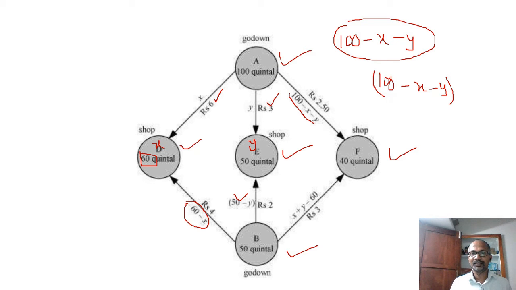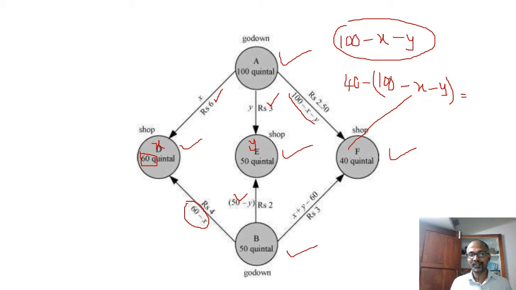F needs 40. If you subtract the quintals that came from A, you will get the grains to be transported from B to F. 40 minus, so 100 minus x minus y have already been transported to this. So this much is already there.